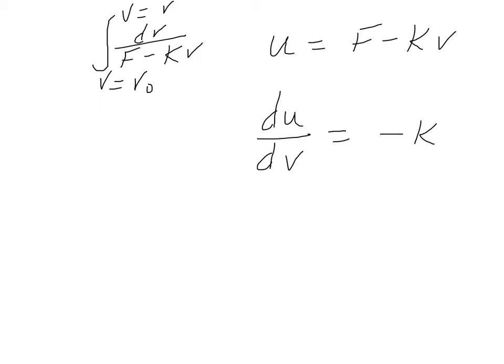I'm going to have to change this dv into a du for u substitution, so I differentiate both sides. Notice the derivative of a constant is 0, and the derivative of minus kv, where v is a variable, just gives me minus k.